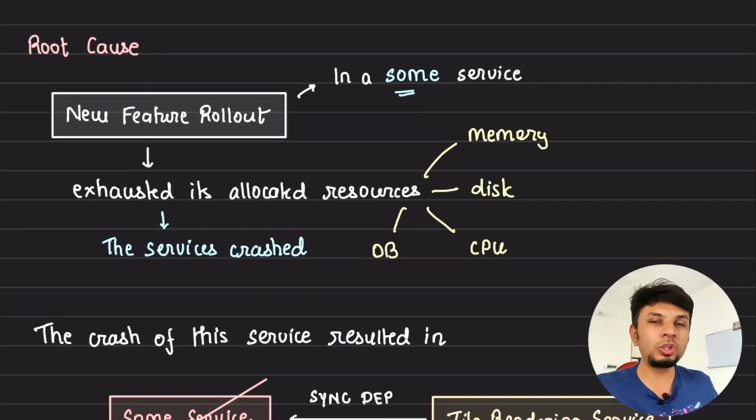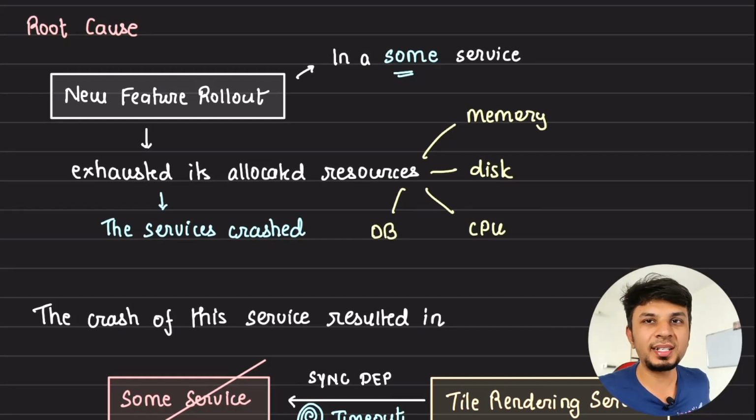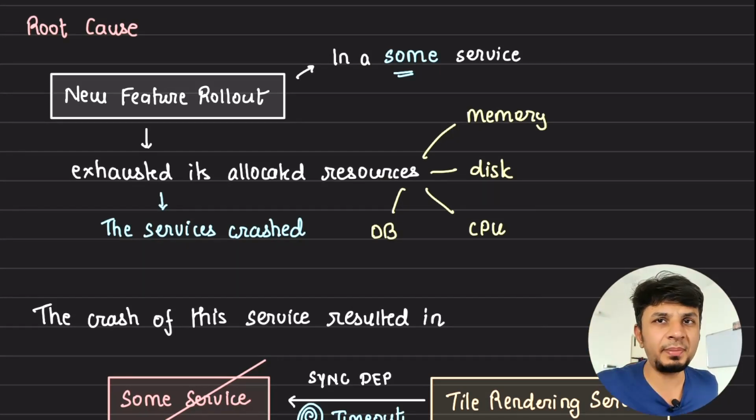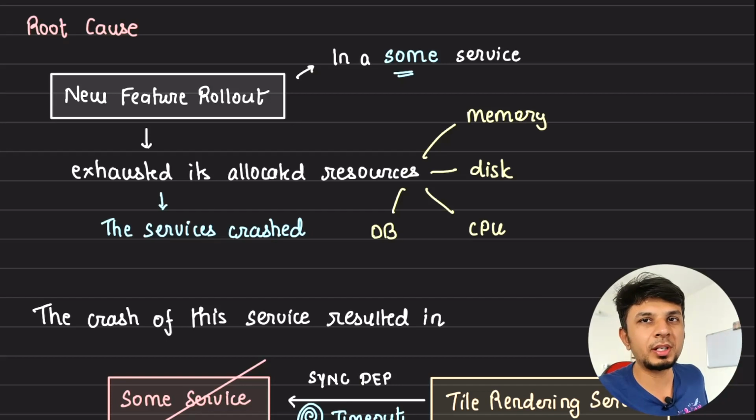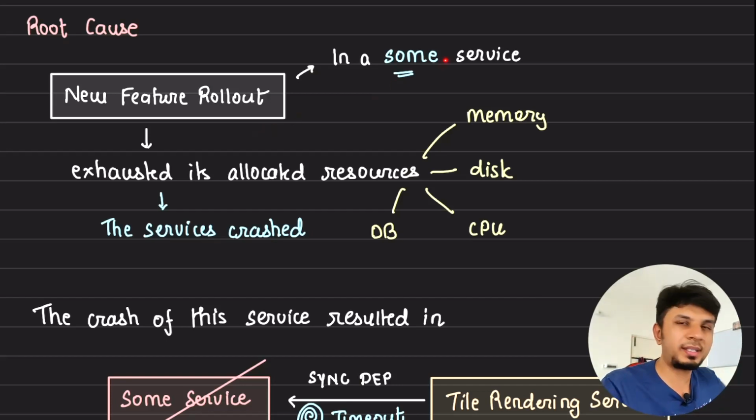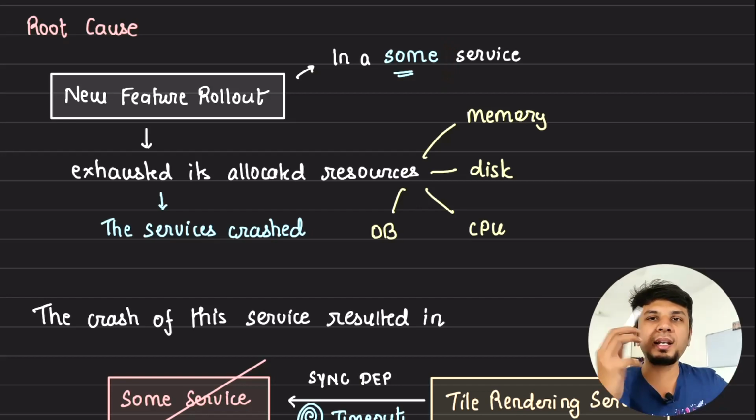The root cause of this incident was actually a feature rollout. In some service, they have not named the service, a feature rollout happened, and obviously every single day some developer ships code.